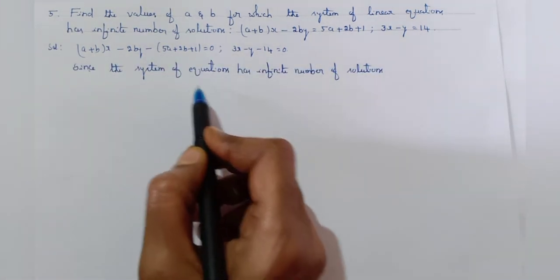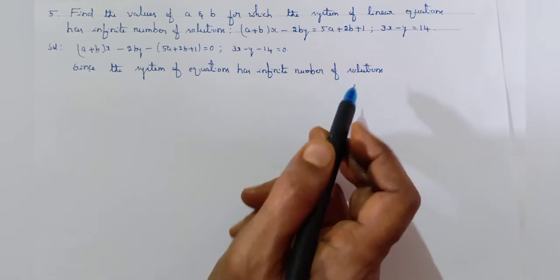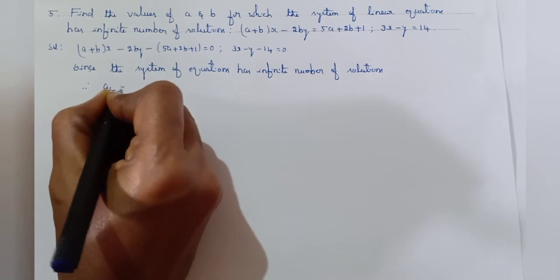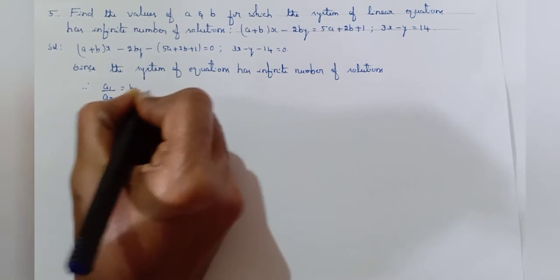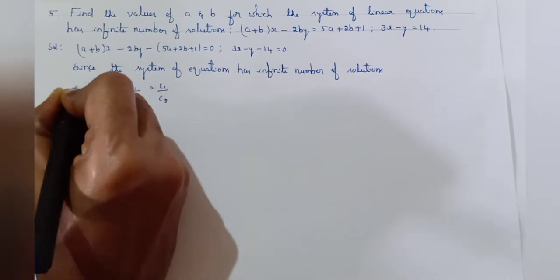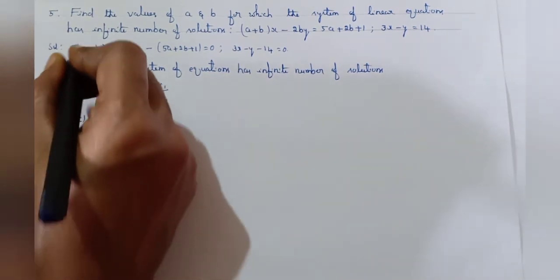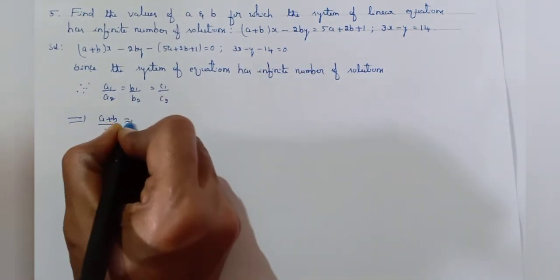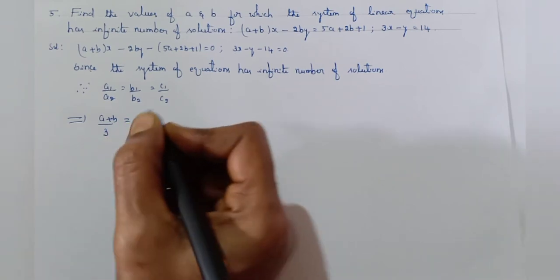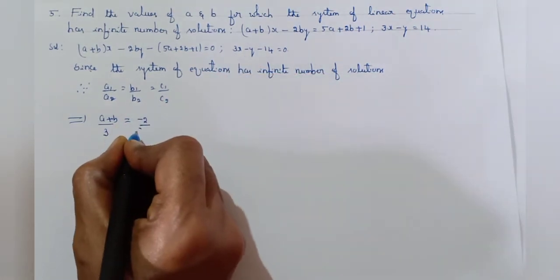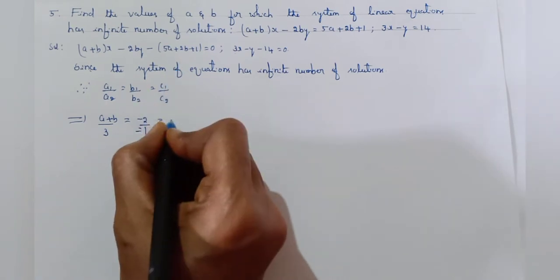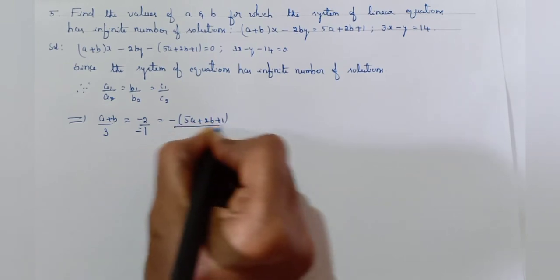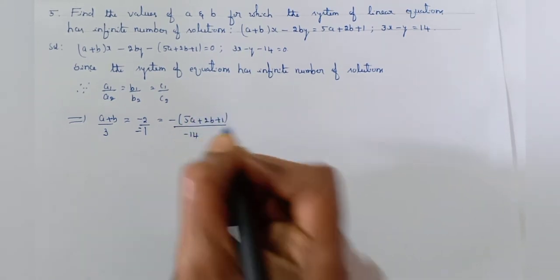Since the given equations have infinite number of solutions, therefore a1 by a2 is equal to b1 by b2 is equal to c1 by c2. Here a1 is a plus b and a2 is 3, b1 is minus 2 and b2 is minus 1, c1 is minus of 5a plus 2b plus 1 and c2 is minus 14.